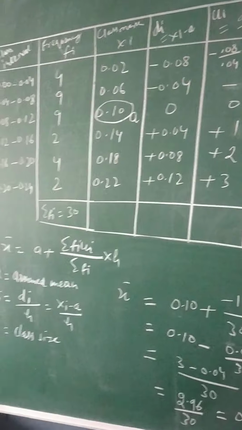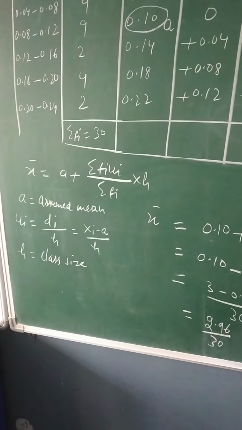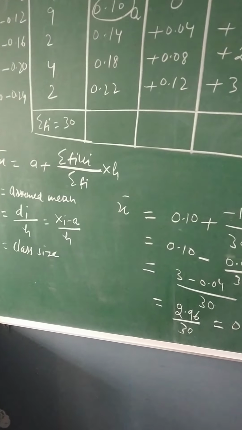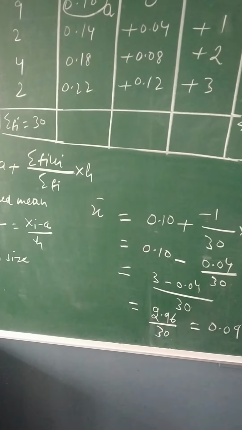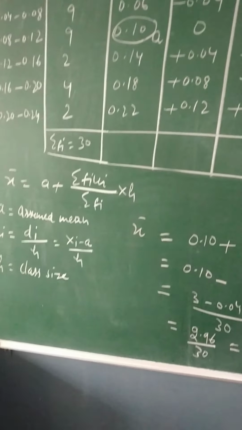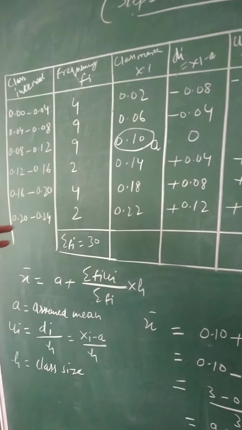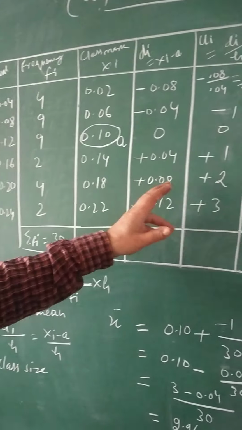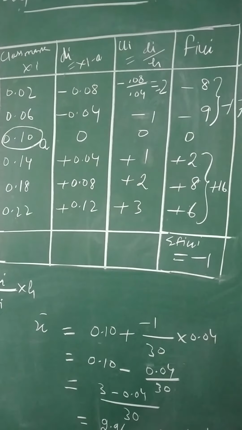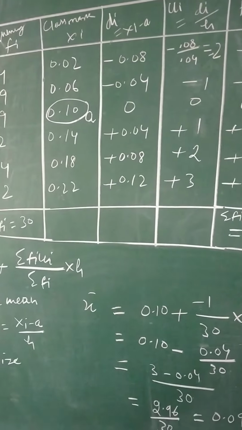So first was the direct method, second was the shortcut method, and third was the step deviation method. So you need to add one column extra. When we started with the direct method, how many columns were there? 4. Then in the deviation method we got 5, and in step deviation 1, 2, 3, 4, 5, 6, 6 columns are there, and what we have to do in those 6 columns I have explained thoroughly to you.